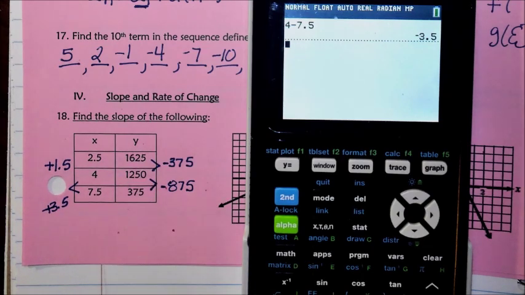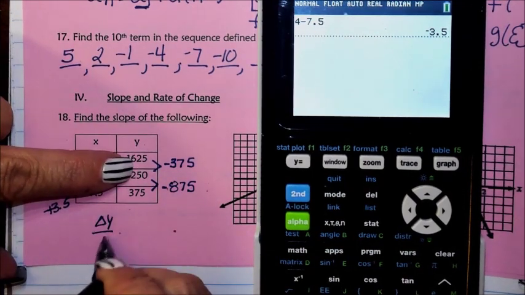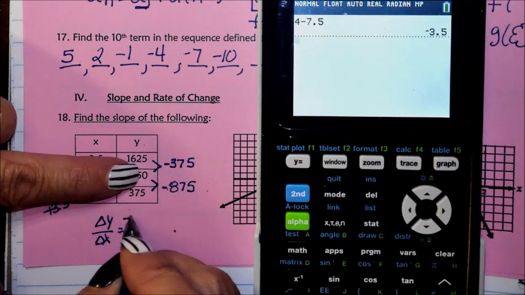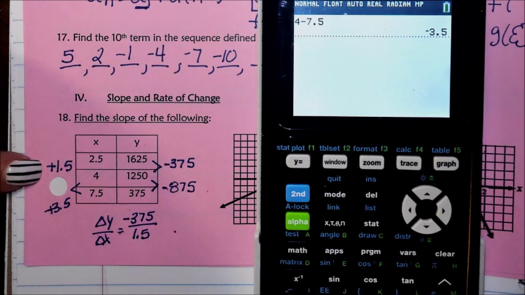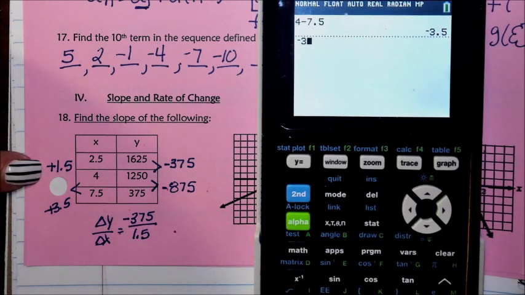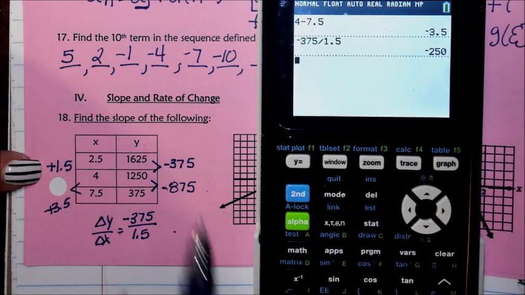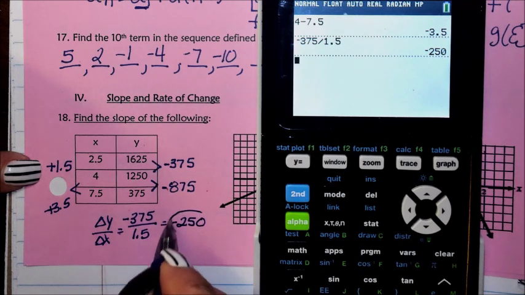These are getting smaller. So my rate of change, the rate of change is delta y over delta x. So I'm going to do negative 375 over 1.5. So negative 375 over 1.5. So it went down 250 is my rate of change.